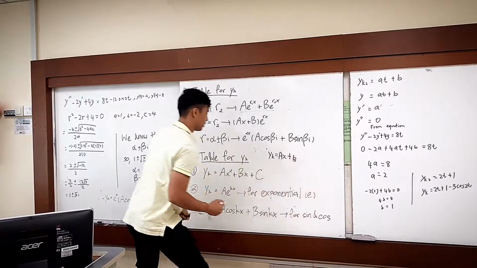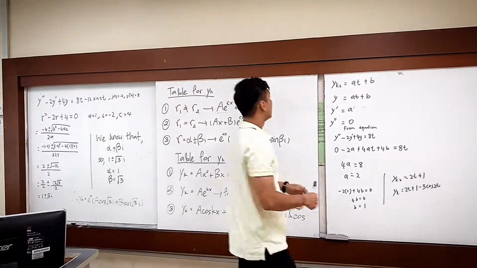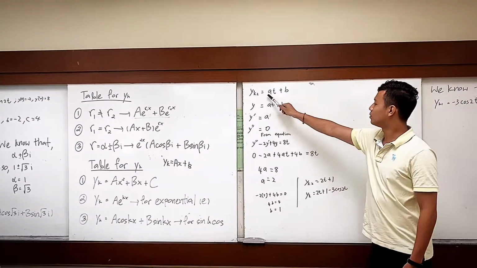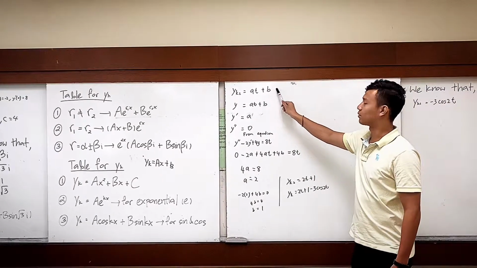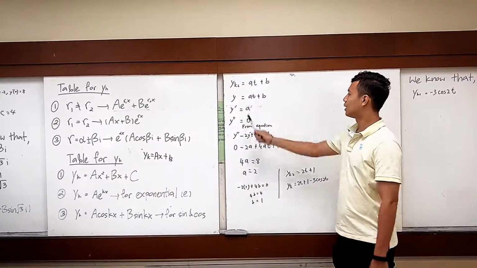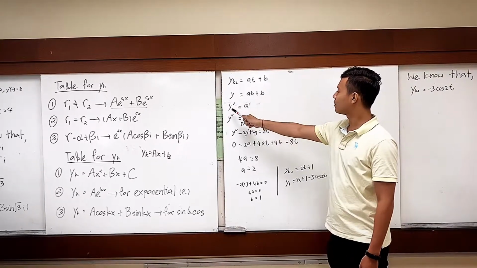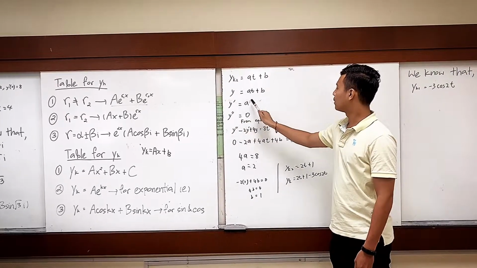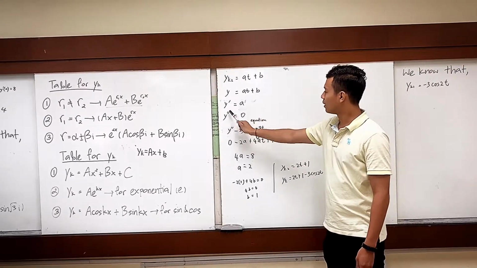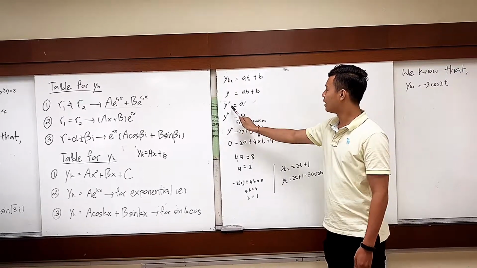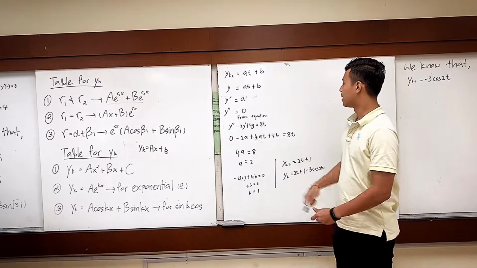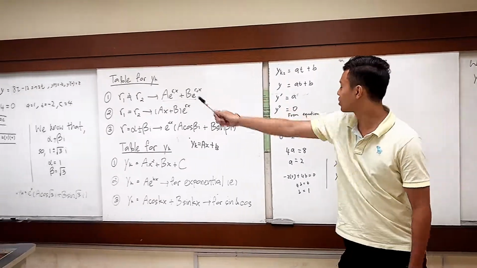So YK2 equals at plus b from the table just now. So y equals at plus b. Differentiate, y prime equals a. Then differentiate again, y double prime equals 0.